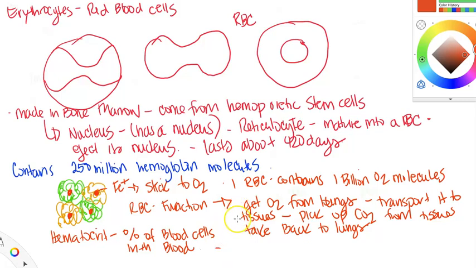Some problems with red blood cells are anemias. So anemias are basically a decrease in the number of red blood cells, or it can be deficient hemoglobin.